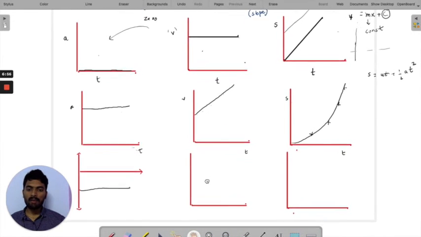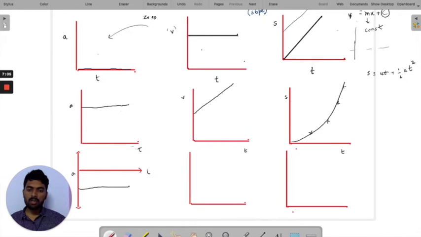So the slope is constant but negative, which means the velocity versus time is a curve with a negative slope, and the graph could be a straight line going like this.